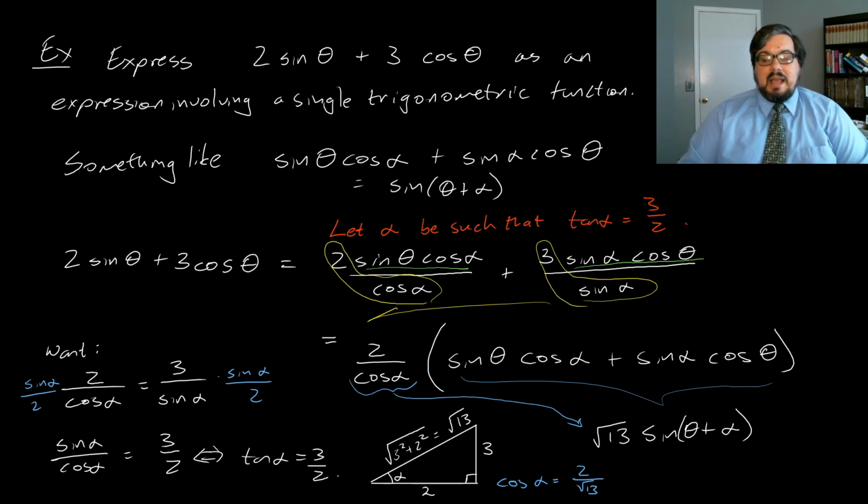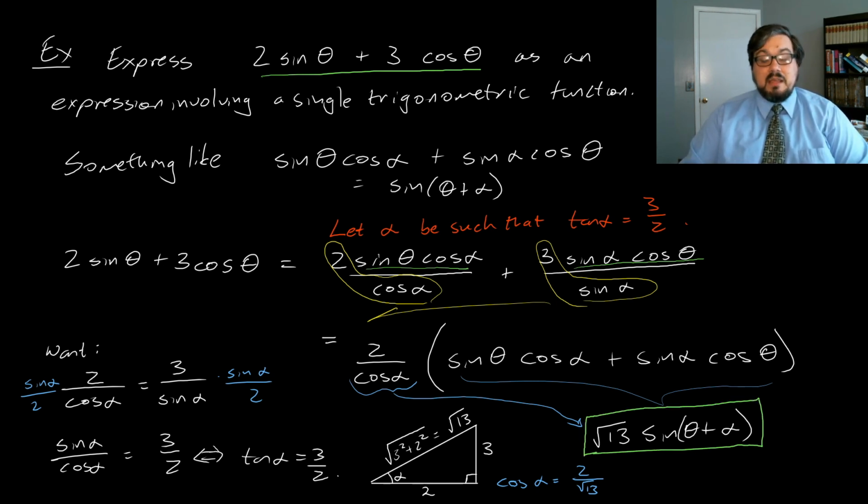So we have been able to write down the original expression, 2 sine theta plus 3 cosine theta, as an expression involving just a single trigonometric function. Now, we've got this phase shift, basically, of alpha. Alpha is not a variable here. It's a specific angle.